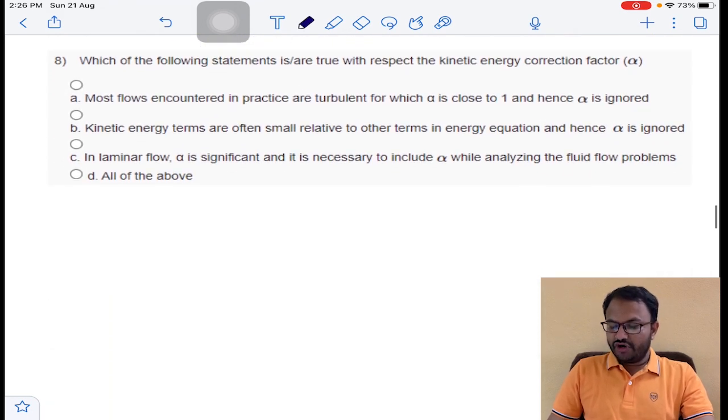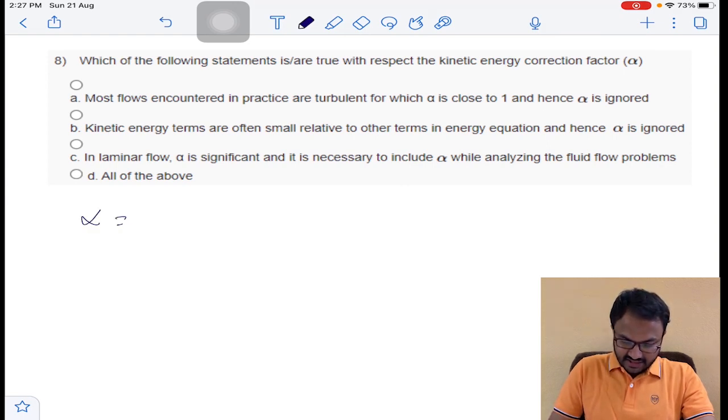Which of the following statements are true with respect to the kinetic energy correction factor? He has given some statements and is asking which of them are correct. Generally, alpha is the kinetic energy correction factor.